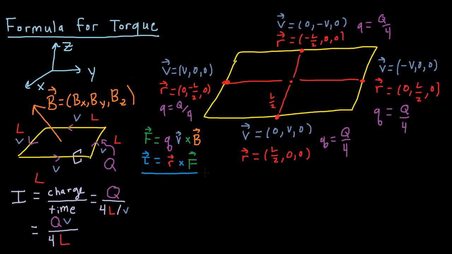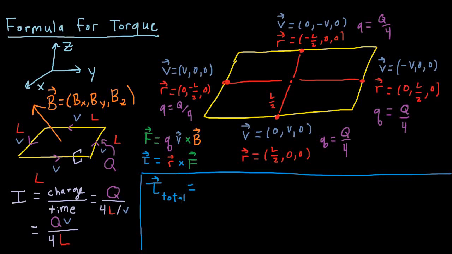So after doing all those cross products and adding them up, we find that the total torque is equal to QLV over 4 times the vector negative By, Bx, 0.